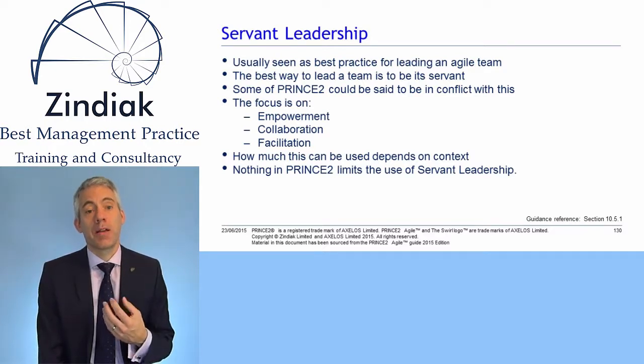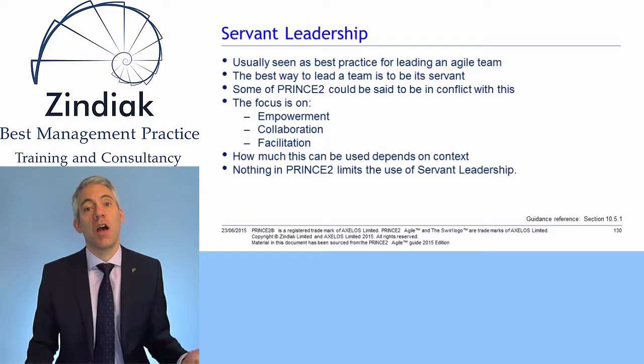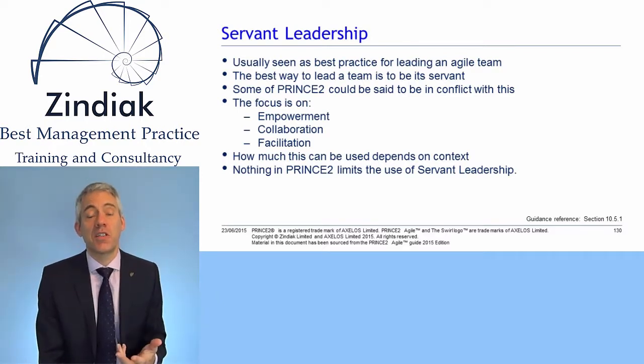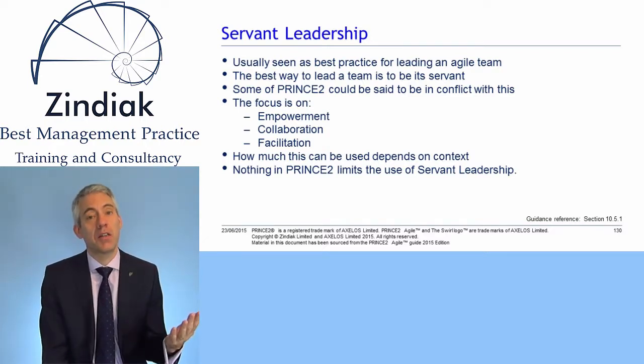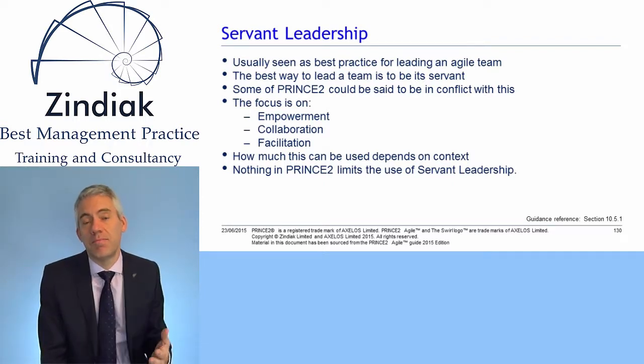Now, clearly, it depends upon you as a project manager and your character and how you prefer to manage, and also your organisation and the environment in which it operates. In safety critical environments, there are certain rules and regulations you have to follow. Now, whether you view that as a command and control type leadership or not, it doesn't really matter.